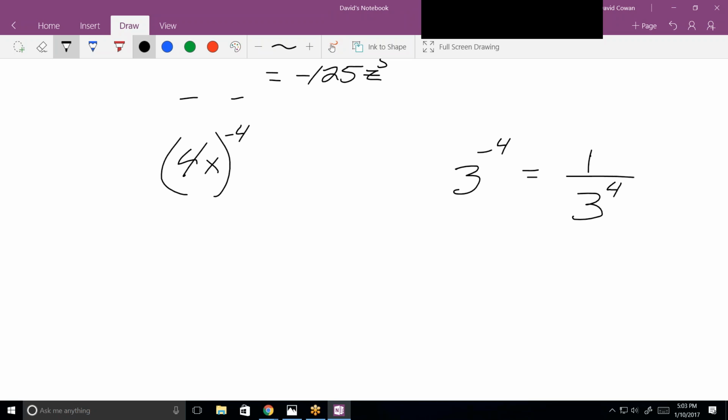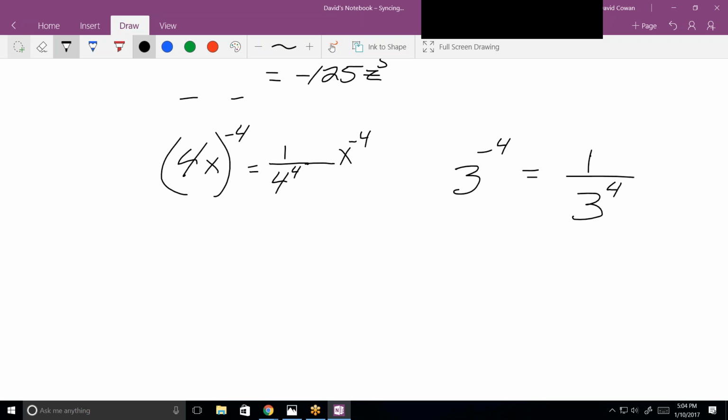So if we apply that to the problem, instead of 4 to the -4 power, I'm going to say 1 over 4 to the +4 power. And it's x to the -4. And I can write that one of two ways.